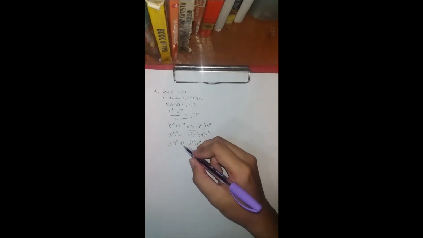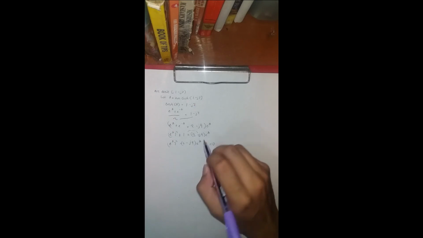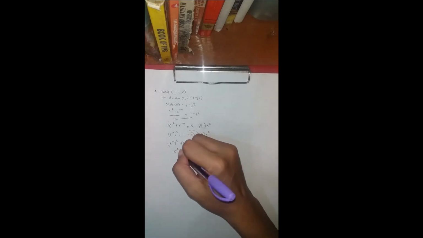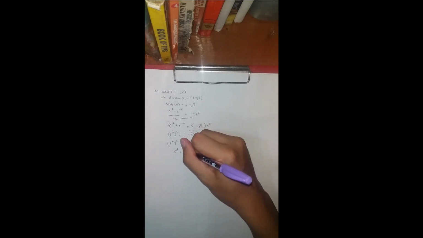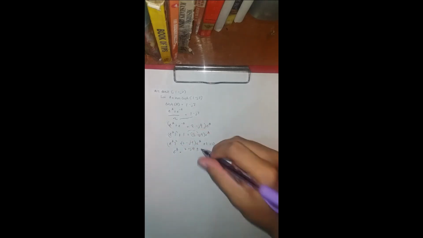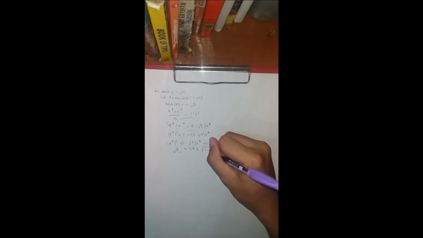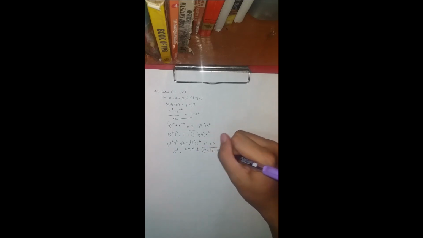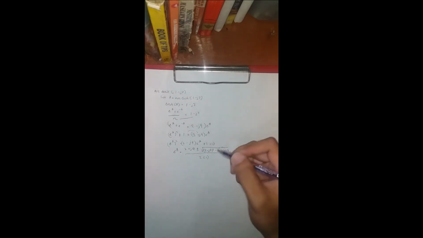So we have a quadratic equation. So e raised to a equals negative b, so it's 2 minus j4 plus or minus the square root of b, so 2 minus j4 squared minus 4 times a times c, all over 2 times a.